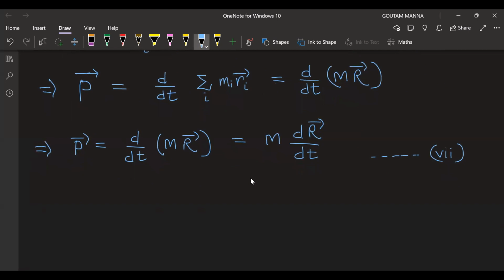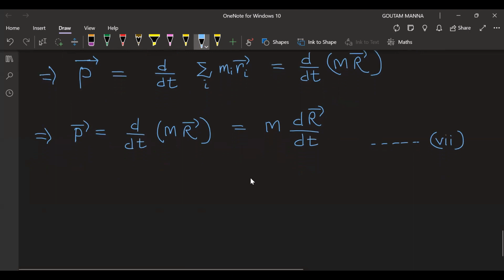Here we can also see that by considering the whole mass concentrated at the center of mass, the momentum will be the same as for a single particle. The center of mass basically gives the position where we can consider the whole system concentrated at that point, and we can study its motion.